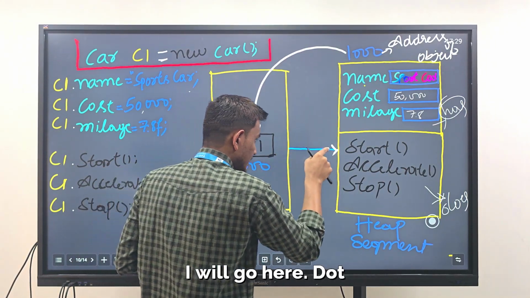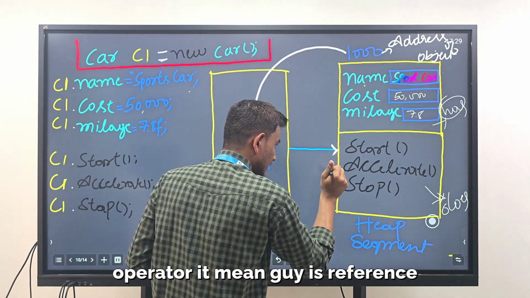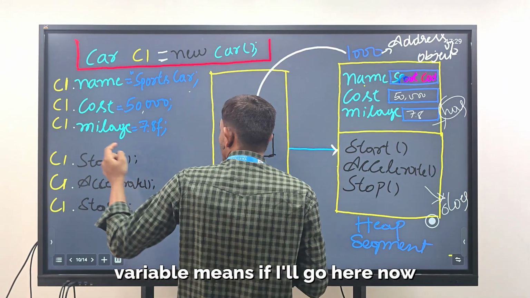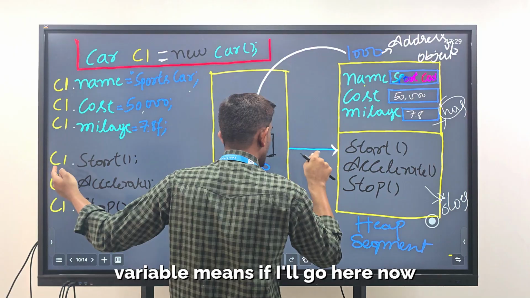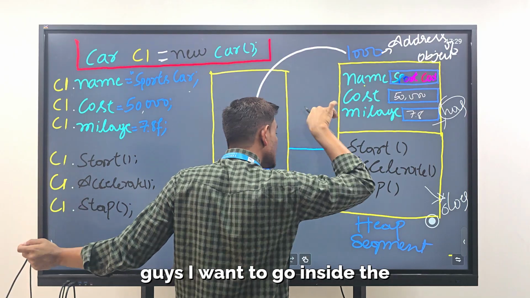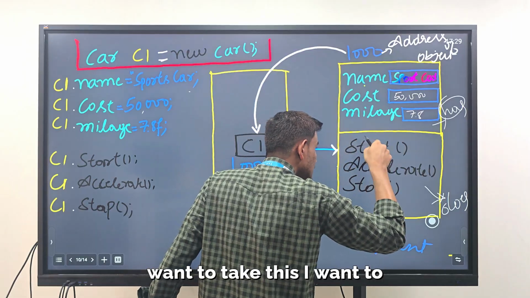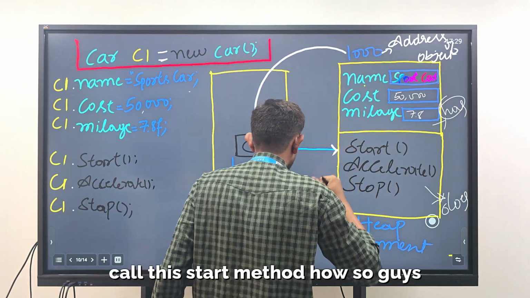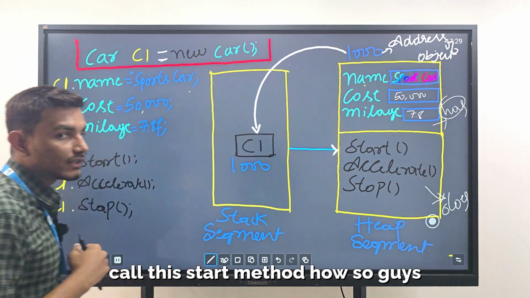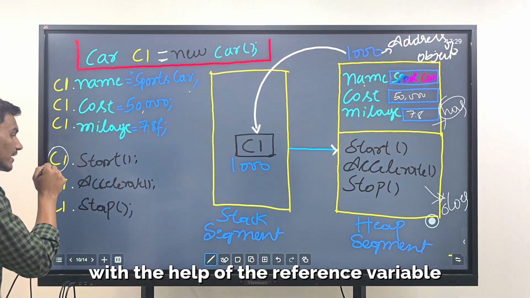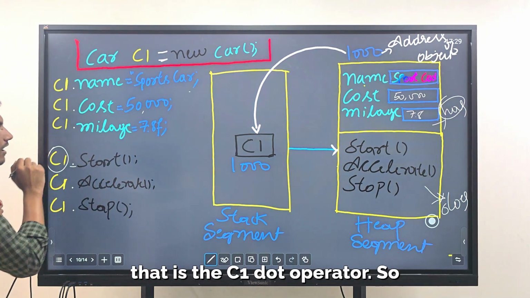Okay, now I will go here. Dot operator means, guys, reference variable means if I go here, now guys, I want to go inside the object in the does part, then I want to call this start method. How? So guys, with the help of the reference variable, that is c1 dot operator.